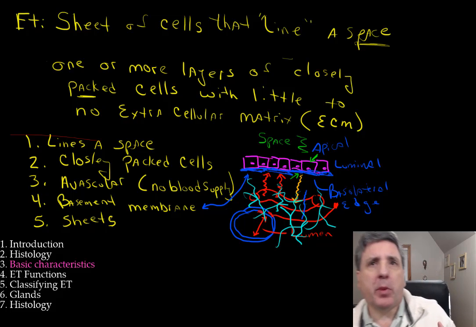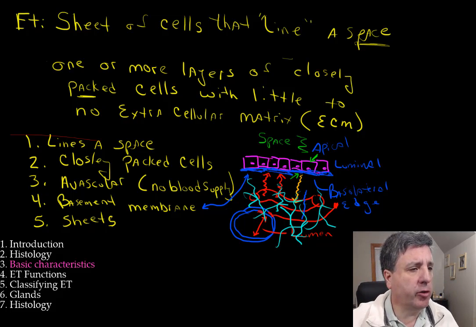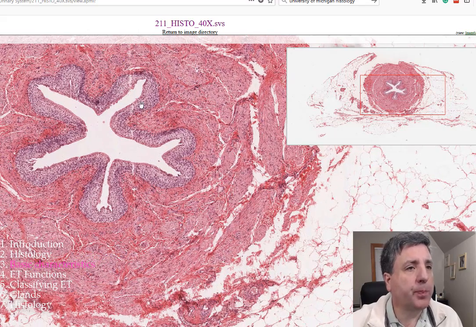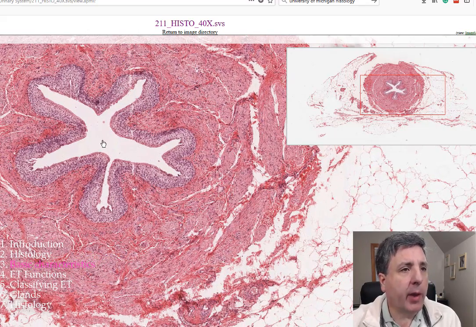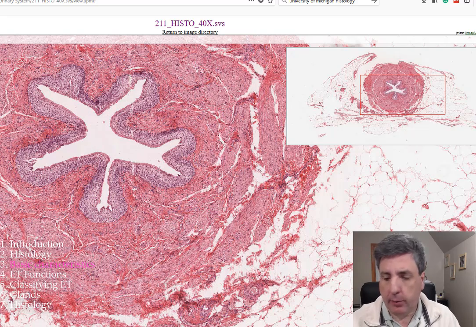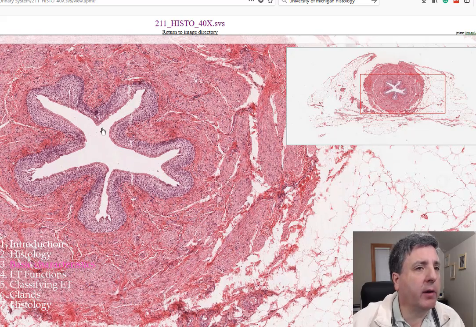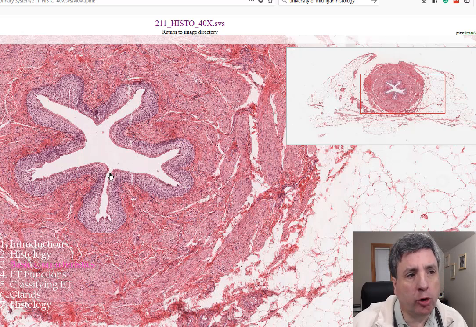So let's look at a couple other pictures here. Okay, here's an example of epithelial tissue. This white area in here, this is the inside of a tube.